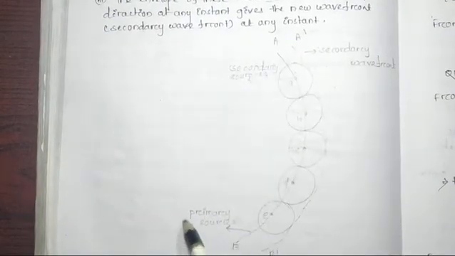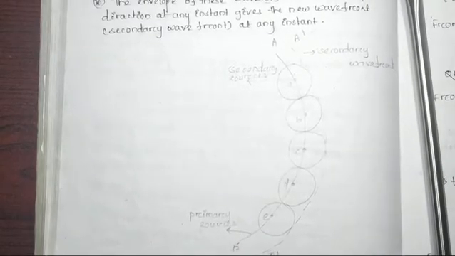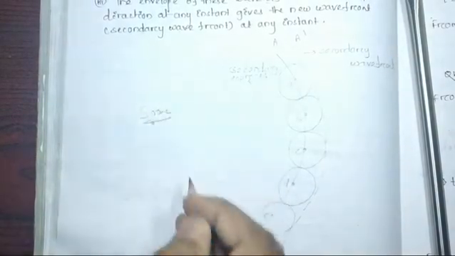So this AB is called the primary source or primary wavefront. Suppose the source will be here, and it is sending the wavefronts.